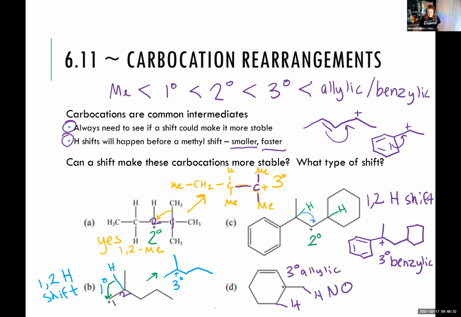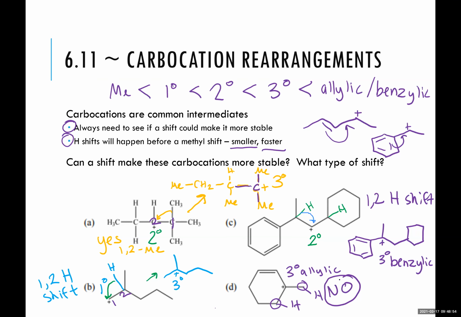It has to be sp3. And so if it went out here, it would become primary. If it went down here, it would become secondary. And tertiary allylic is hard to beat. Really, the only thing that can beat it is our tertiary benzylic we had in the last one. So this one is a no carbocation rearrangement for that guy.